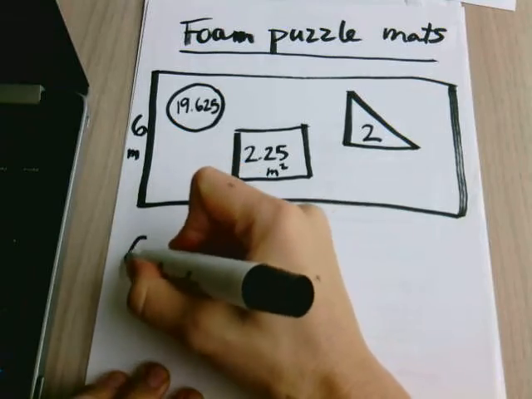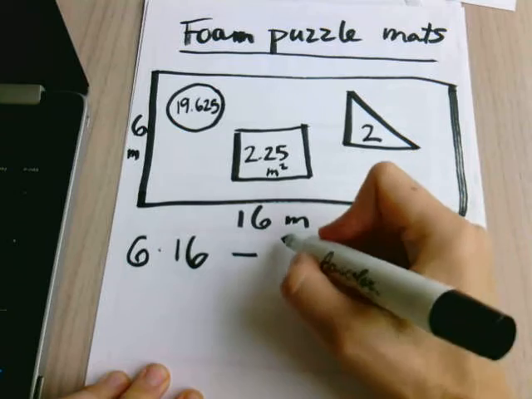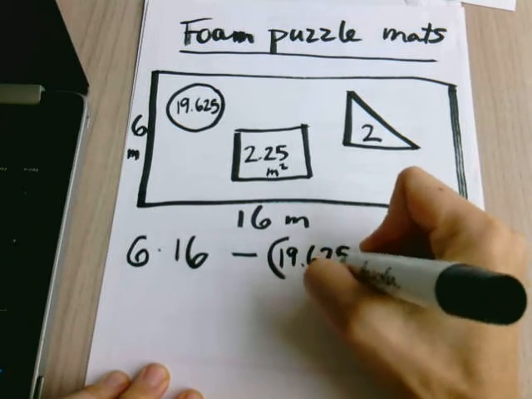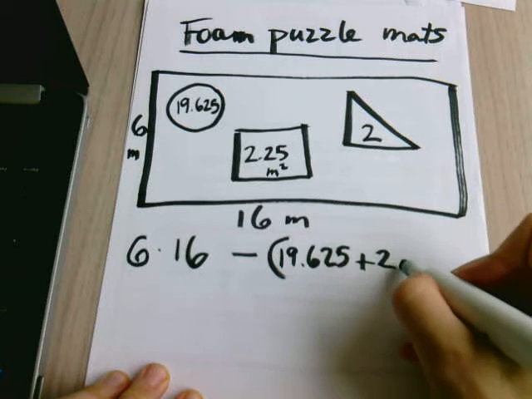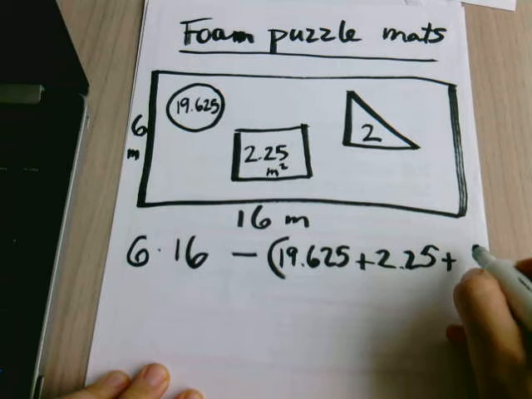So that's going to be 6 times 16 minus 19.625 plus 2.25 plus 2.